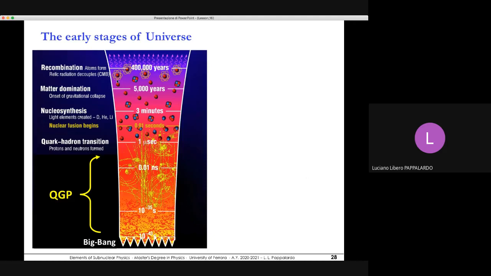So this picture shows the first instants of our universe. We have the Big Bang here, then the time flows in the vertical direction. As you can see, this quark-gluon plasma phase should have existed within the first microsecond from the Big Bang.